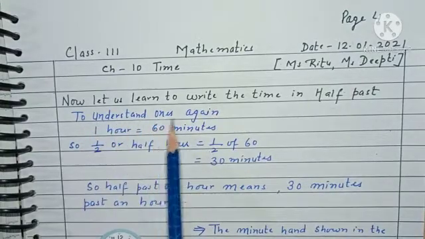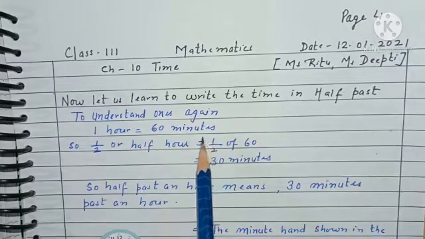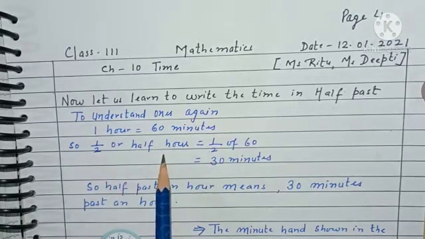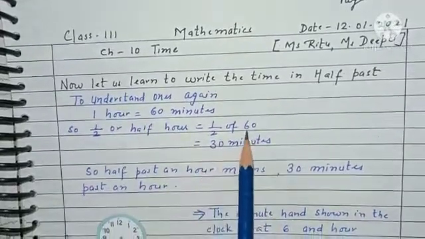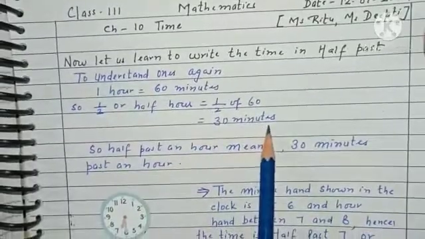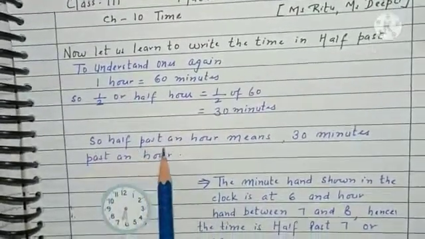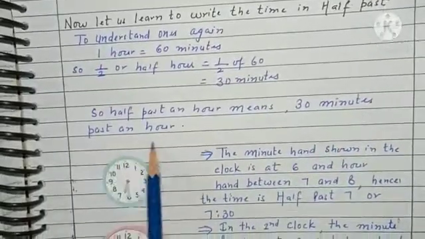Just to understand once again, 1 hour is equal to 60 minutes. So, half hour, that is 1 by 2 of 60, which is equal to 60 divided by 2, comes out to be 30 minutes. So, half past an hour means 30 minutes past an hour.